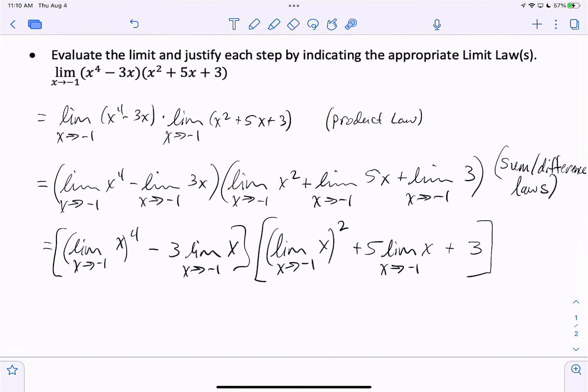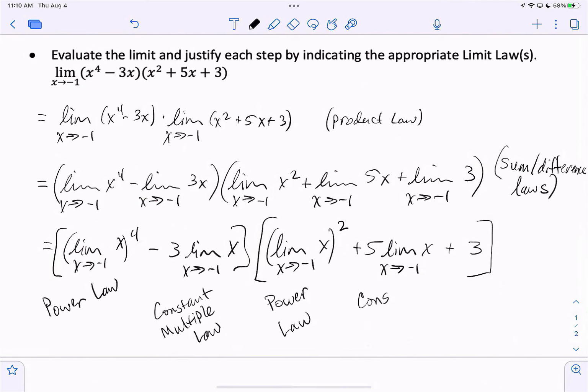When we wrote the limit as x approaches negative 1 of x to the fourth power, that was a power law. When we pulled the 3 outside of the limit of 3x and wrote it as 3 times the limit as x approaches negative 1 of x, that was a constant multiple law. We again used a power law on x squared, and a constant multiple law on 5x.